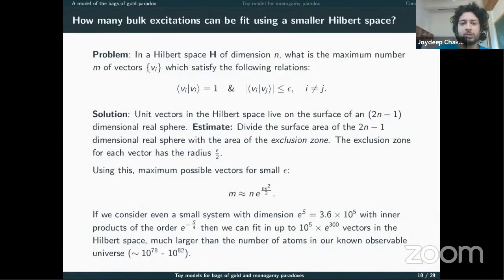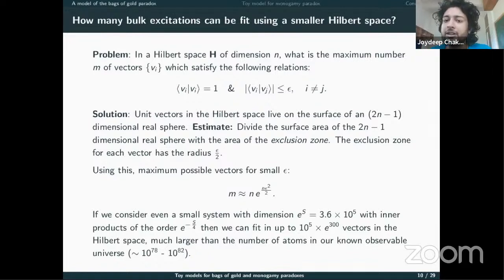Now, what is the solution to the problem? The solution is that unit vectors in this Hilbert space live on the surface of a 2n minus 1 dimensional real sphere, and one can estimate the total number of these vectors by dividing this 2n minus 1 dimensional real sphere surface area by the area of an exclusion zone. So what is this exclusion zone?